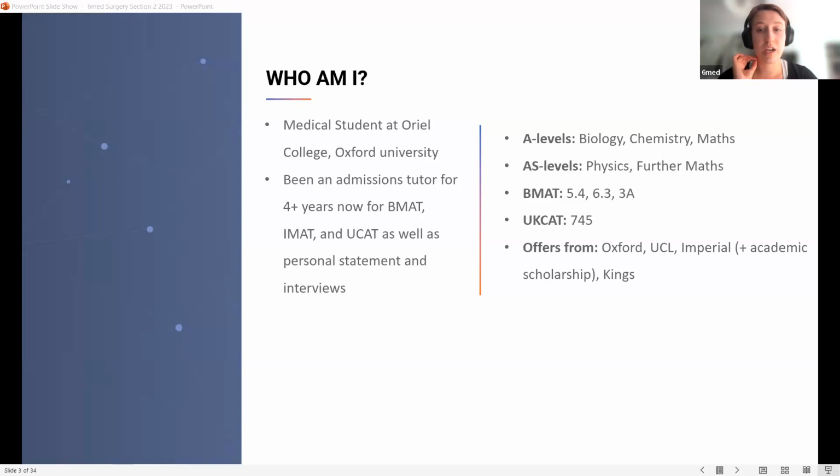And then the UK CAT, which is what it was called when I did it, not the UCAT yet, and I got an average of 745. I got offers from all the universities I applied to: Oxford, UCL, Imperial, which were all BMAT unis, and I also got offered an academic scholarship from Imperial. King's was my only UCAT uni, and my only MMI as well, but I got an offer from them too.